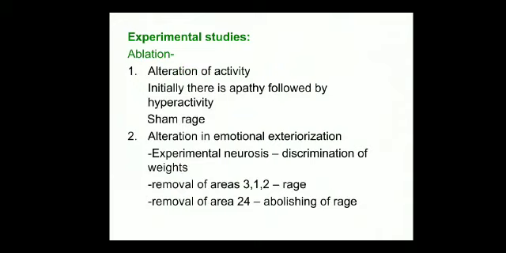Actually, monkeys were trained to discriminate between weights. When they chose the heavier weights correctly, they were suitably rewarded. So this was the experiment done. When you remove the postcentral gyrus, this discrimination power was impaired, and the animal finds difficulty in discriminating between the weights.